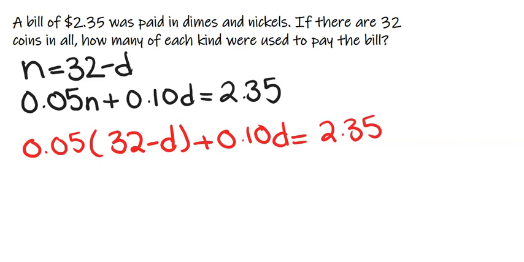Now, here we have to multiply 0.05 inside of the parentheses. First, we have to multiply with 32, which will give us 1.60.